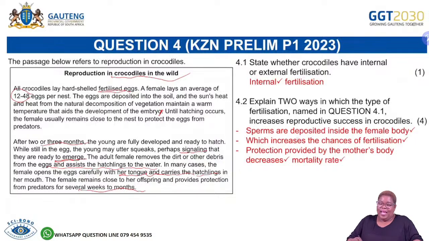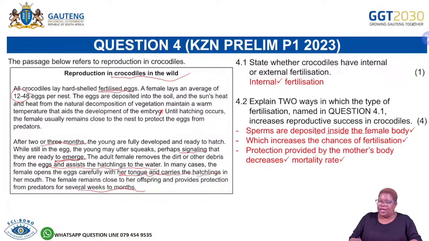So, sperms are deposited inside the female body. Immediately when you talk about female and male reproductive organs, think of what? Internal fertilization. So sperms are deposited inside the female body, which increases the chances of what? Fertilization, right?